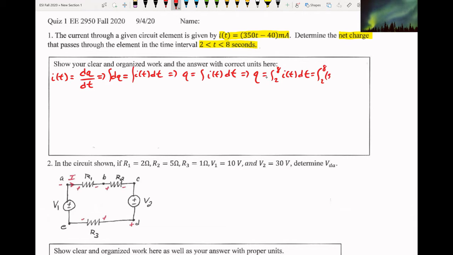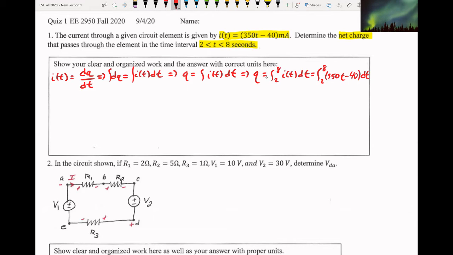which is just equal to 350t minus 40 dt. Okay, so what we need to do now is go and integrate.